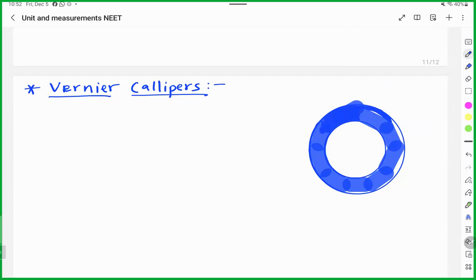Okay, like this. And what is special about this? Because we want to measure the outer boundary and inner boundary. Correct? How to measure all this boundary?